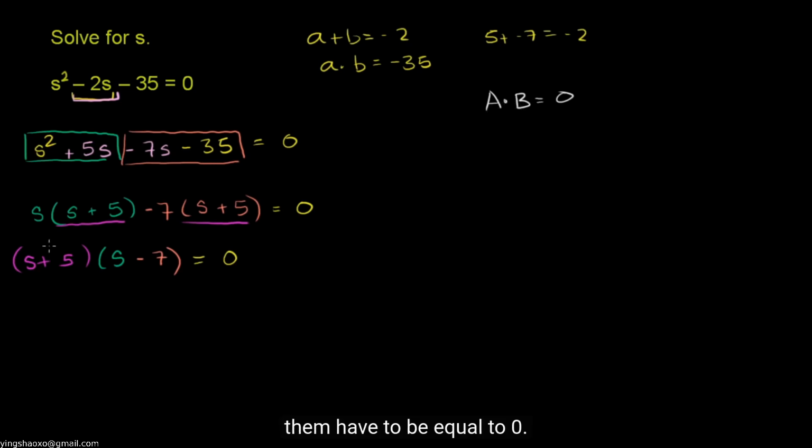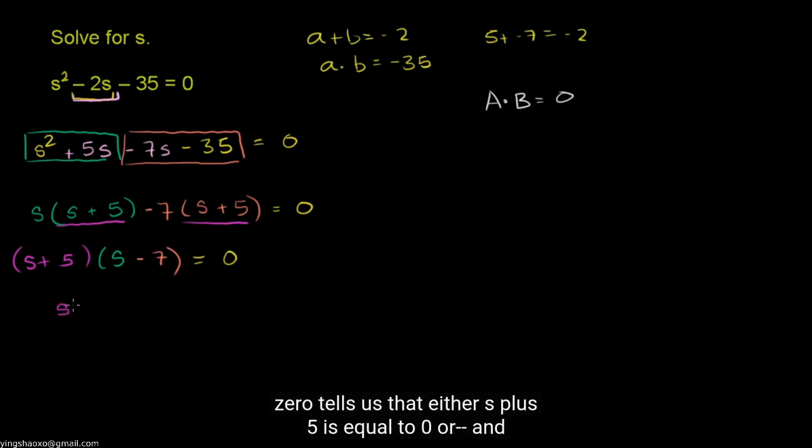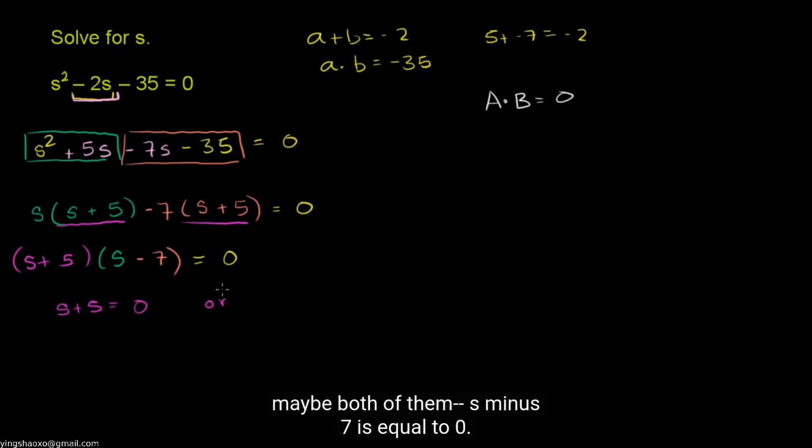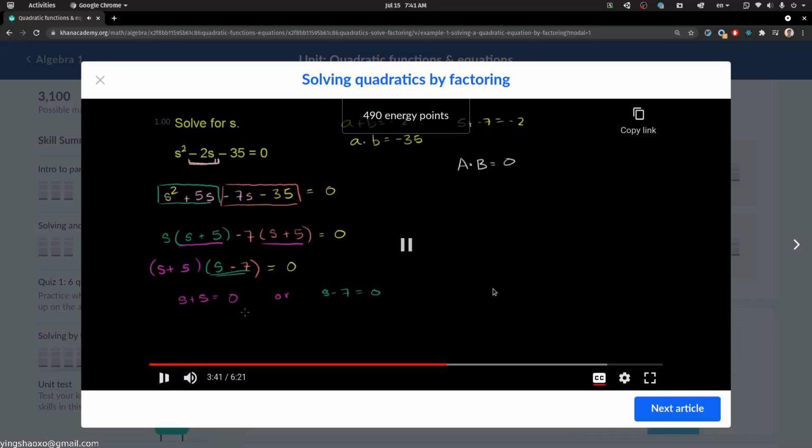So the fact that this number times that number is equal to 0 tells us that either s plus 5 is equal to 0, or s minus 7 is equal to 0.